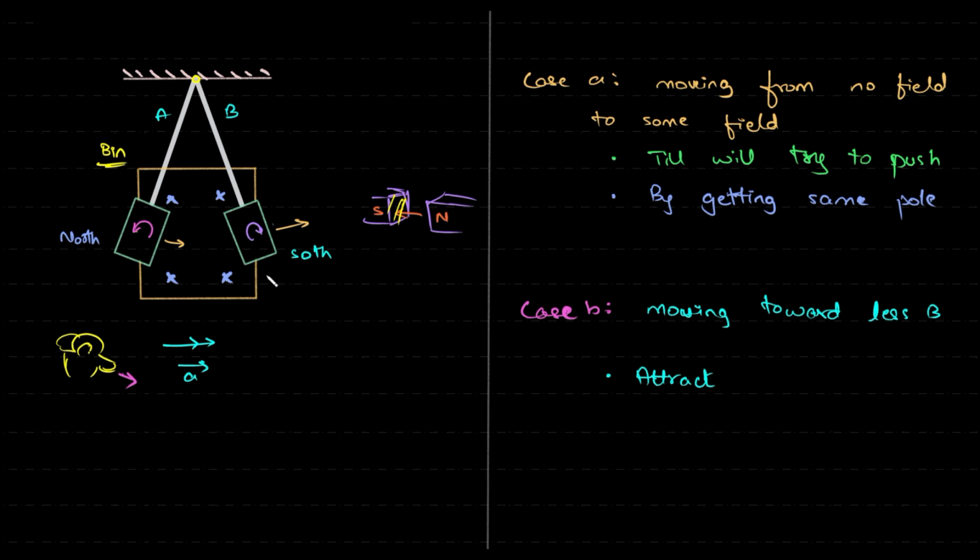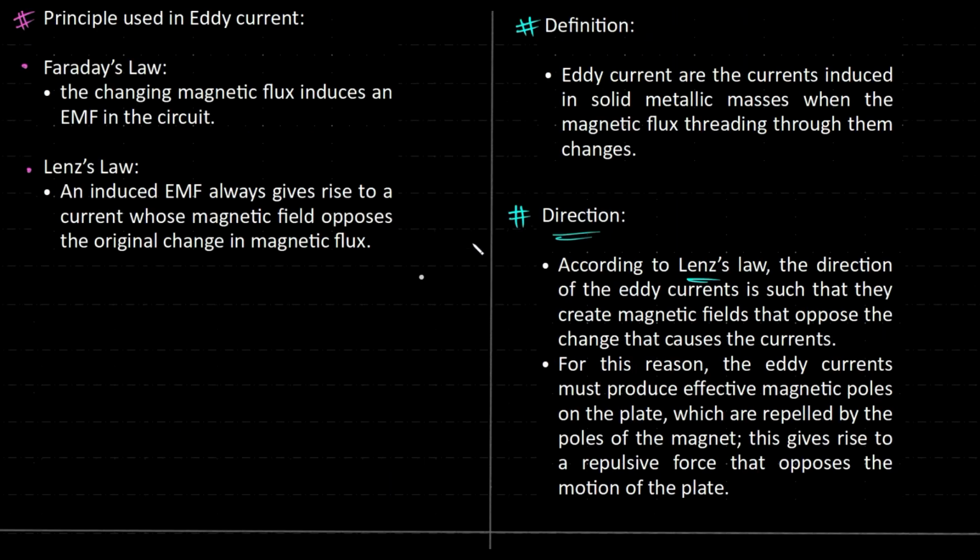So this is how we can figure out the direction. It depends on which point of time we are looking at. If it's going in, then it will try to oppose. If it's going out, again it will try to oppose, just that by attracting, that is by different poles. So how will it attract north? By making itself south. Does it make sense? This is the complicated part over here.